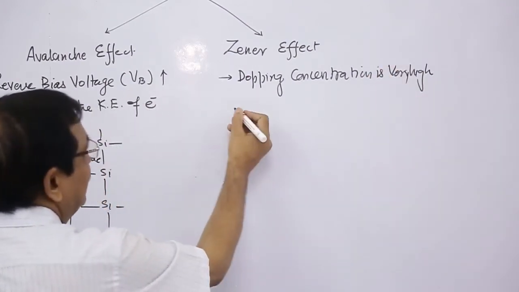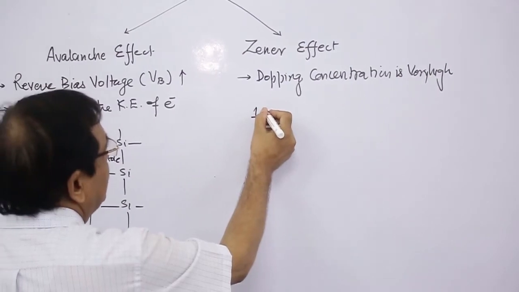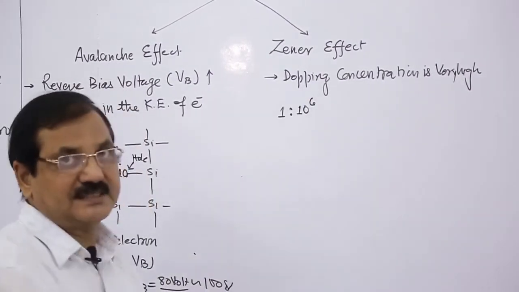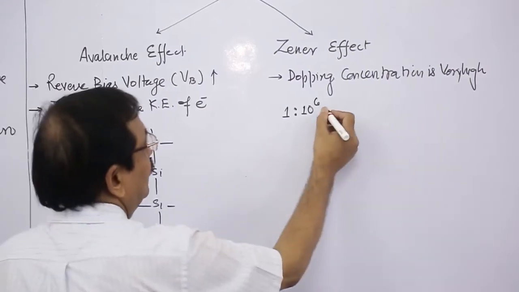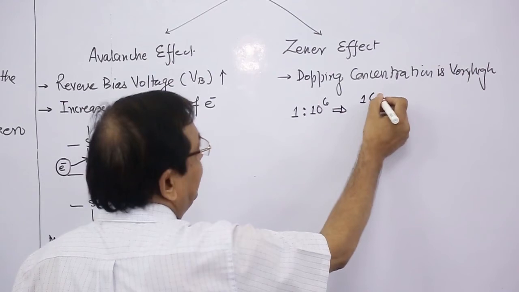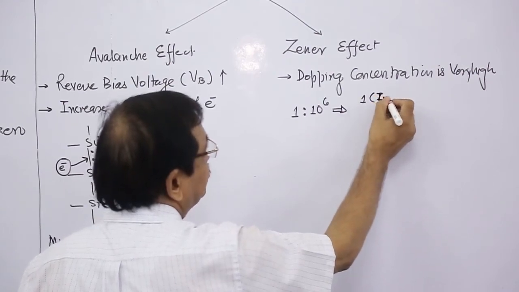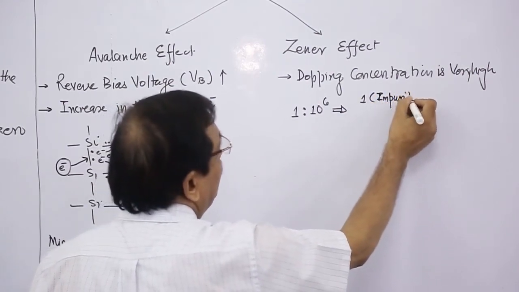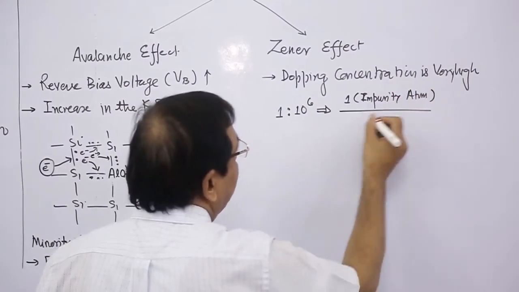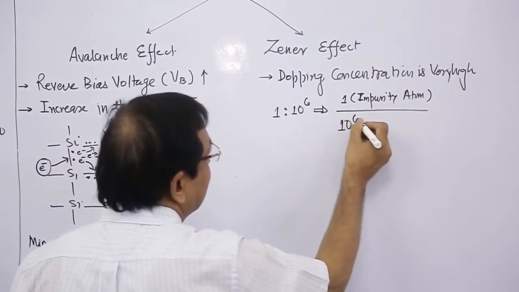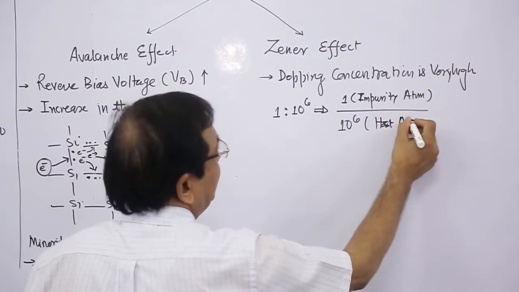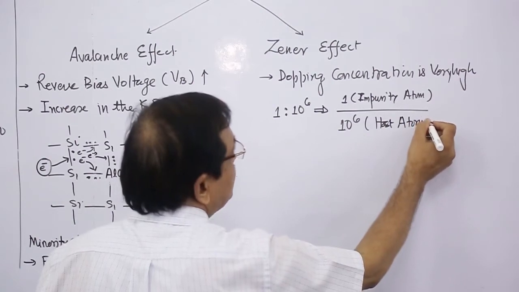How much is it? Normally, the doping concentration is 1 into 10 to the power 6. What is the meaning of 1 to the power 6? It means one impurity atom among 10 to the power 6 host atoms.